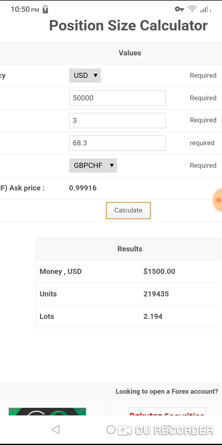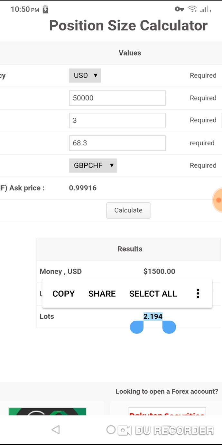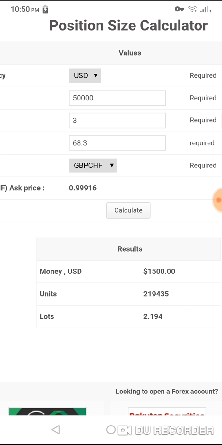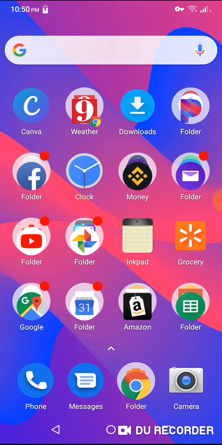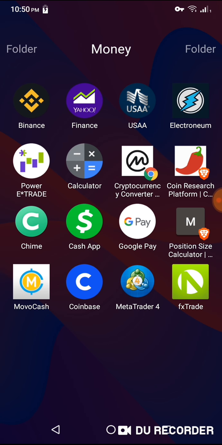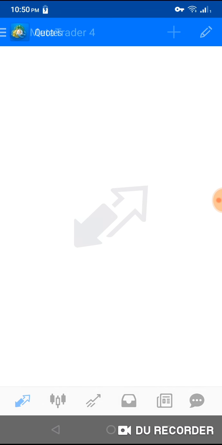But on the MT4, it asks for the lot size. So we're going to copy the lot size, and now we're going to go to our MetaTrader 4.